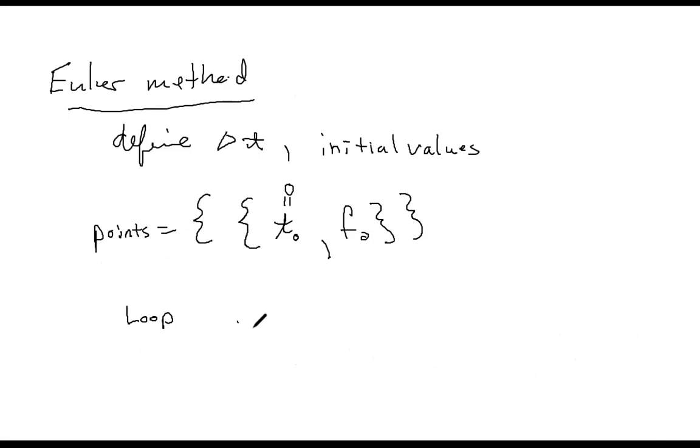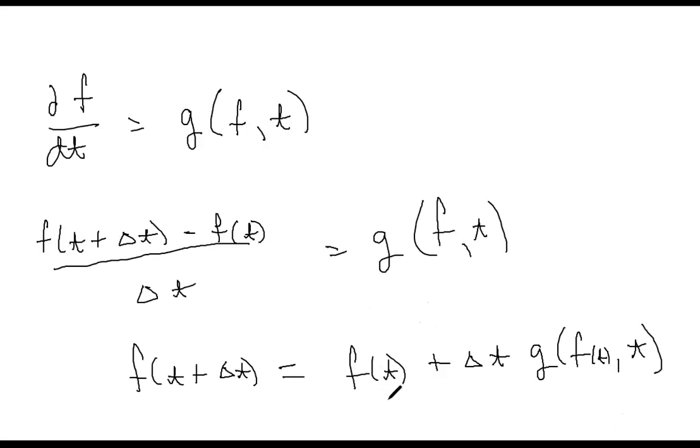I said, something like new equals old plus delta t times g of old. What I'm saying is the new value equals the old value plus delta t times g of the old values.